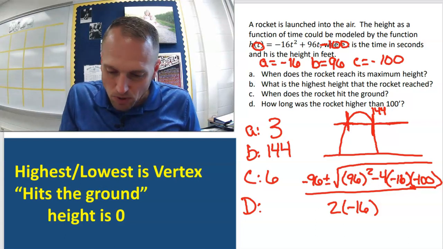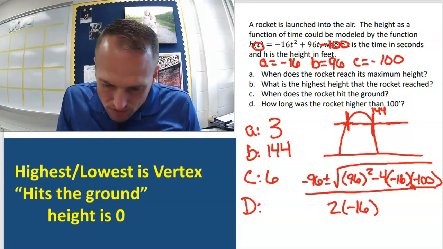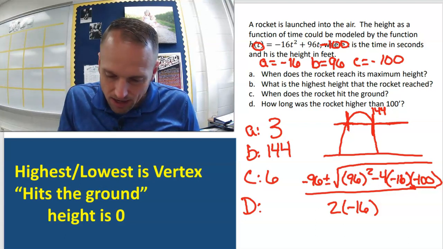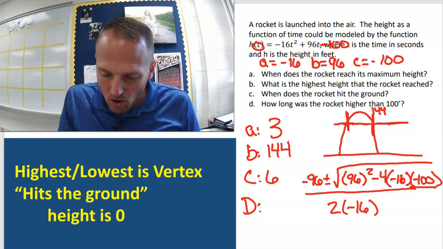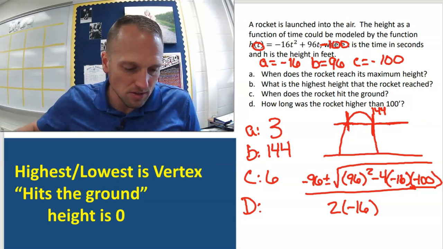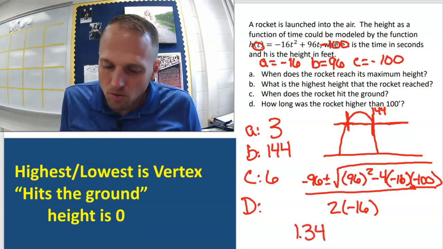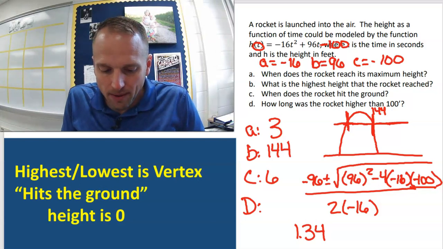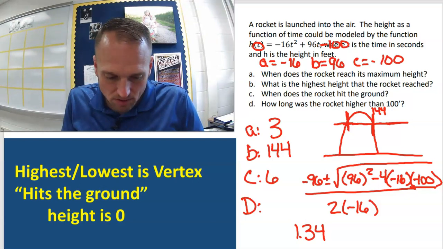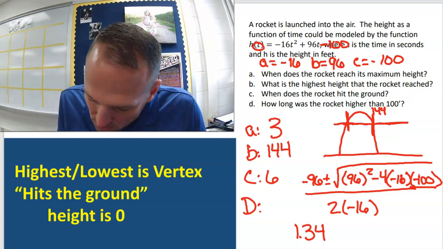So let's go negative 96 plus the square root of 96 squared minus 4 times negative 16 times negative 100, all over 2 times negative 16. First answer is 1.34. Okay, let's look at the other one. What happens if I go minus? That answer is going to be 4.65.